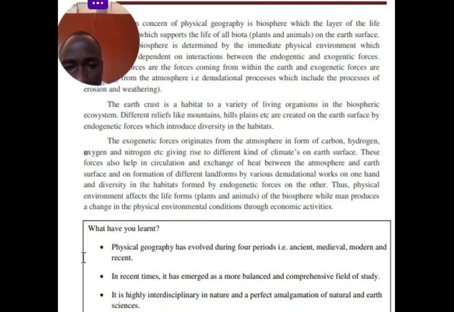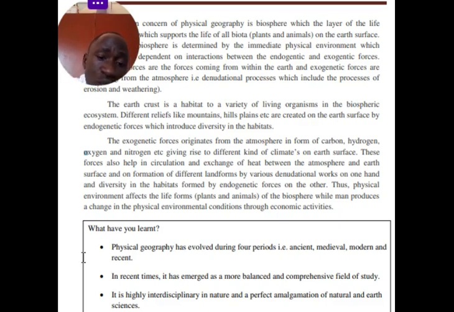These deal with the processes that happen around the Earth's surface, and we are going to be seeing the interaction between them and the atmosphere, and also looking at the formation of different landforms by various denudational processes.